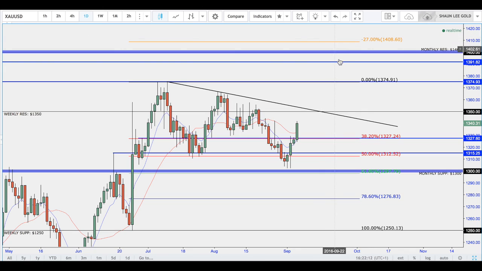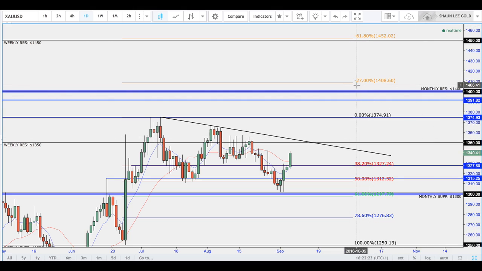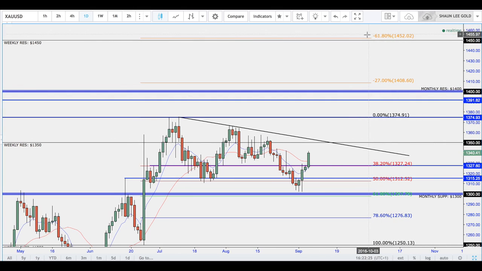Now in this scenario, if we do have an area of resistance on a bullish Fibonacci just before our minus 27, and you've heard me speak a lot about the minus 27, we can always take the minus 61.8 target 2 into consideration, but the minus 27 is the one I personally look for in order to take my profits.